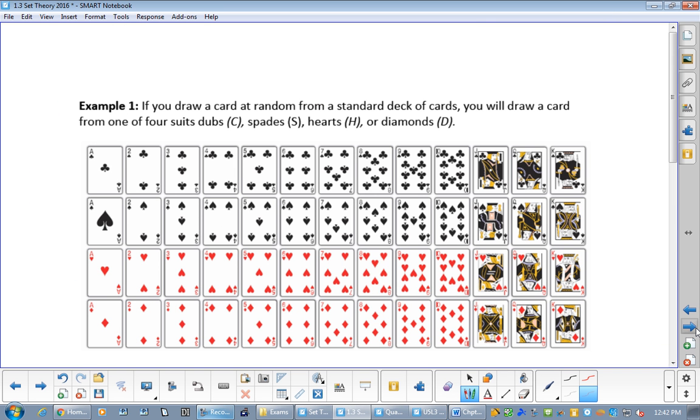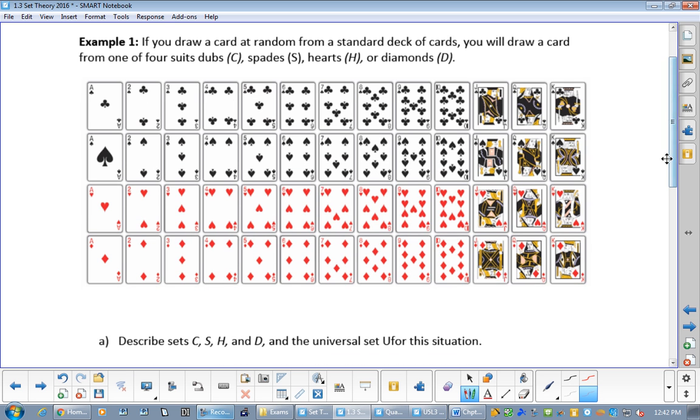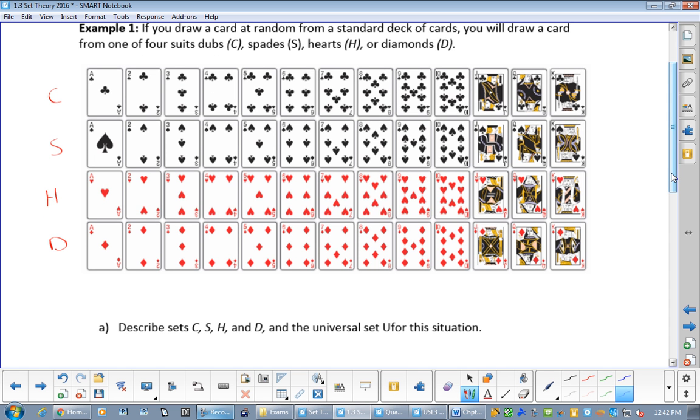Okay, so here's all of your cards. We'll call these clubs, spades, hearts, and diamonds, so when we say those letters, you know what we're talking about. Yours aren't nice in color like mine. These will always be considered the black cards.